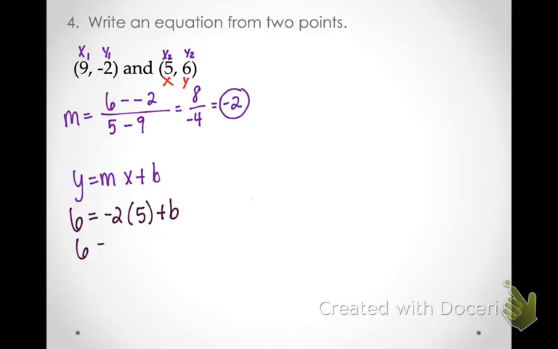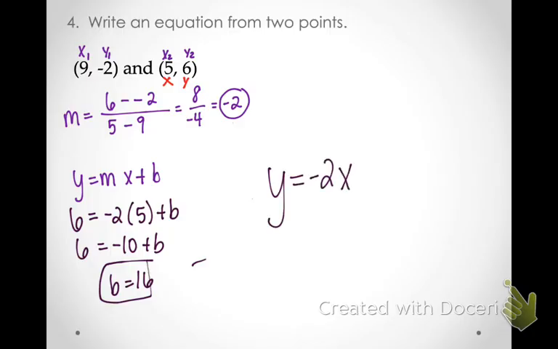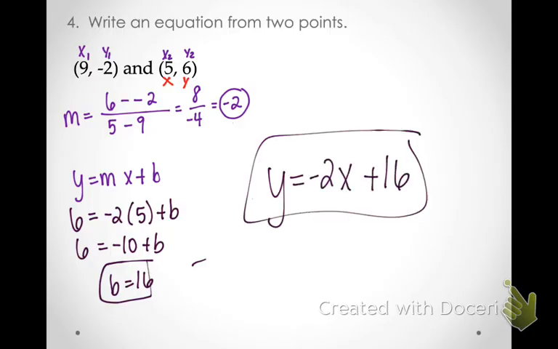So I've plugged 6 in for y and 5 in for x, and I've also plugged in my negative 2 for my slope. Now we're just going to solve for b, and we get 16. So our final answer, make sure you write it as an equation, is y equals negative 2x plus 16.